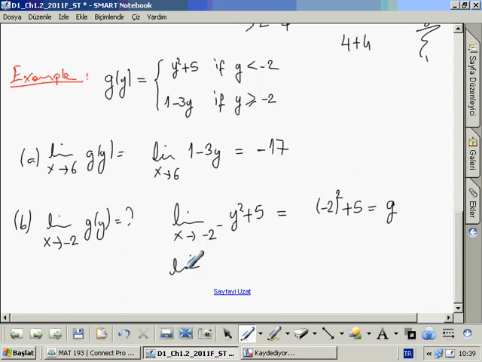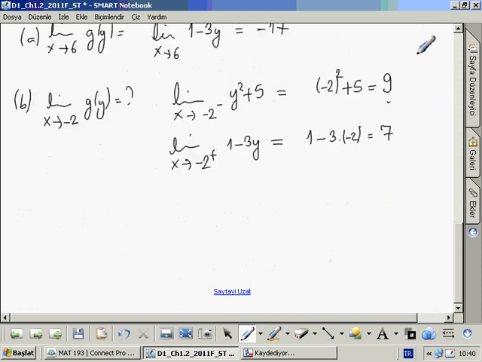The limit as x goes to minus 2 from the right hand side will be the 1 minus 3y function, so it's equal to 1 minus 3 times minus 2, so it's equal to 7. I'm sorry, it looks like g, but it's not g. Okay, the left is 9.